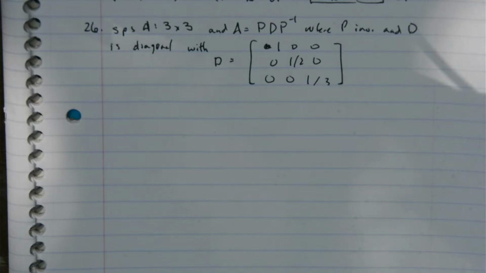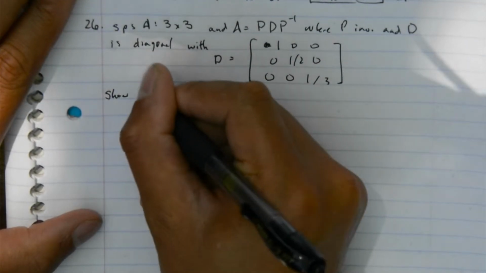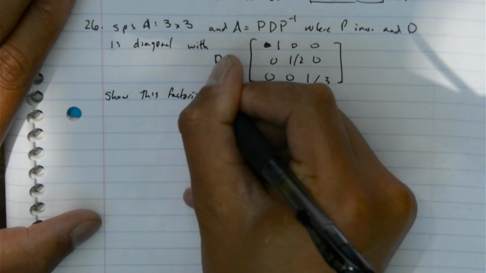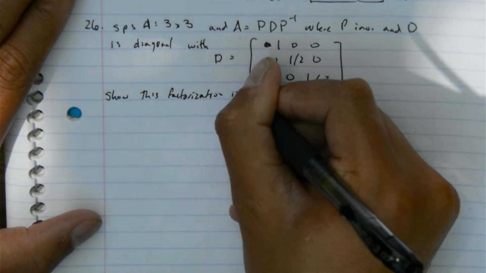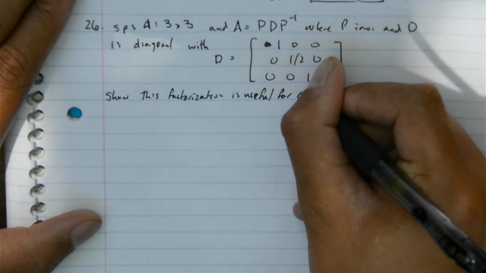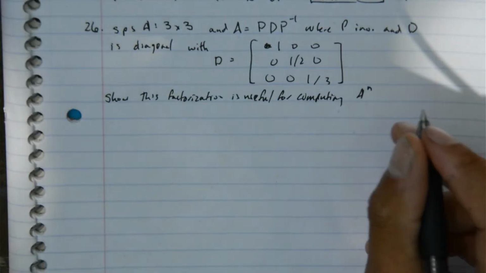Okay, we want to show this factorization is useful for computing A to the n.